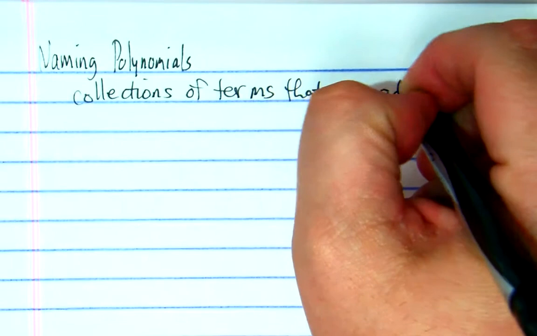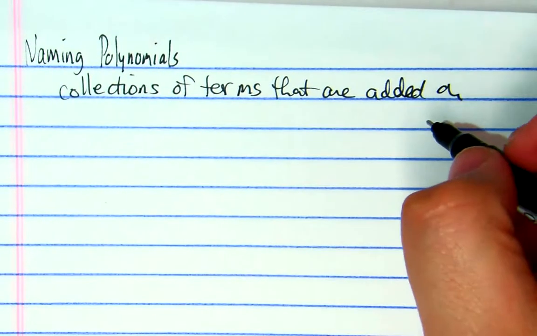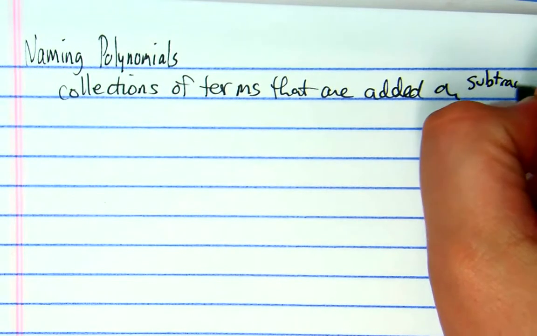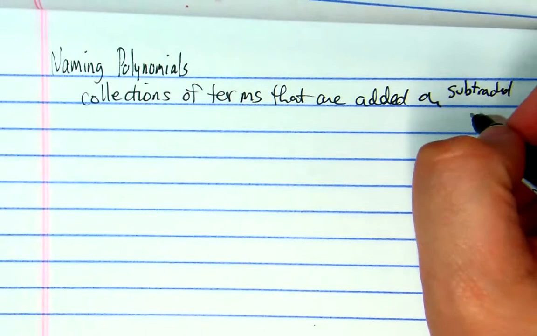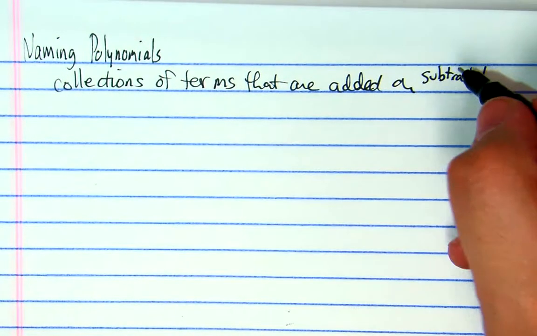Now, a polynomial is a collection of terms that are added or subtracted.